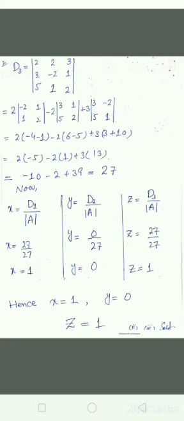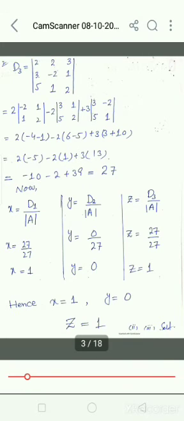And if we divide D3 by A, then we will get the third variable, that is z, which is given in this question. So Cramer's rule says that we have to find four determinants. Three are D1, D2 and D3, and the main determinant of the given matrix, which is the A determinant. And after dividing D1, D2, D3 by the A determinant, we will get x, y and z.